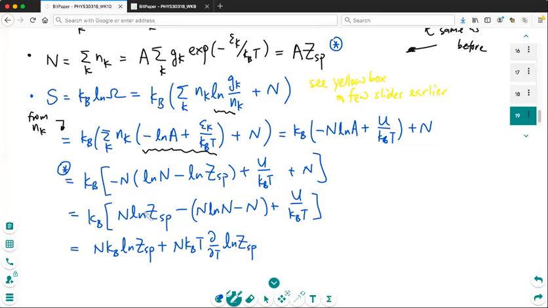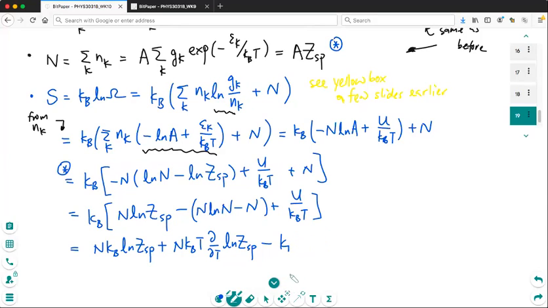Okay, so this is this term here, and we still have this term to deal with. This is Stirling approximation, n log n minus n, so this is n factorial. So I have minus kb log n factorial.